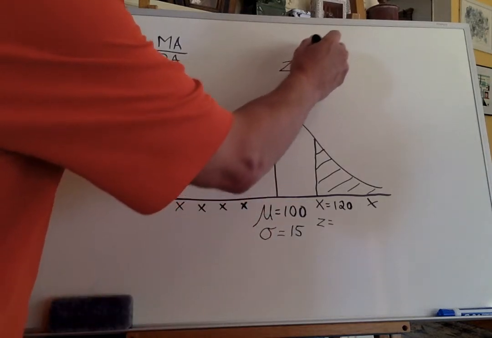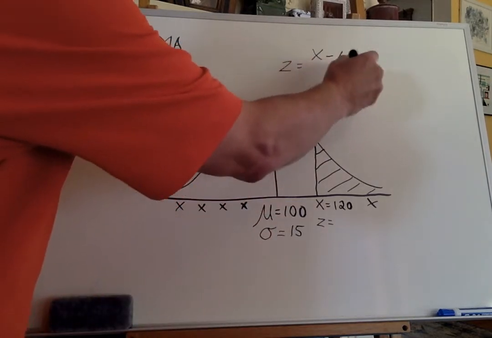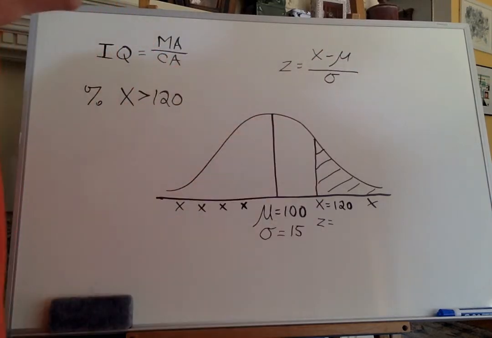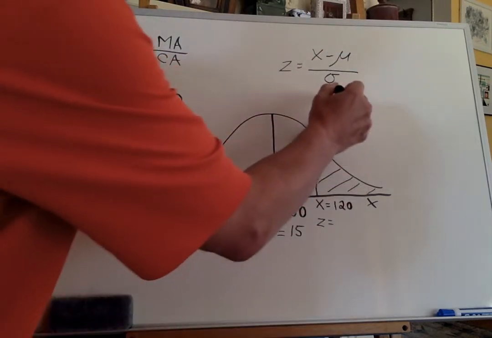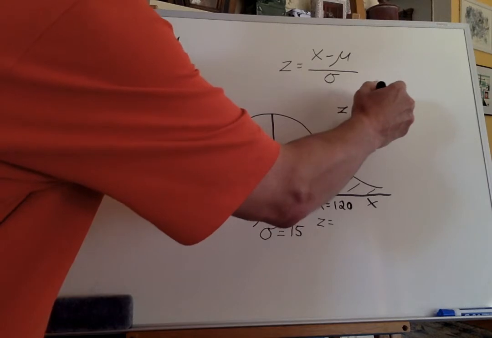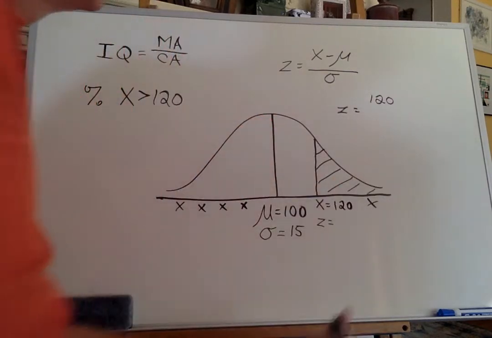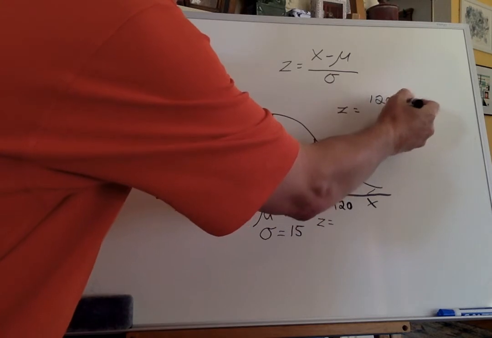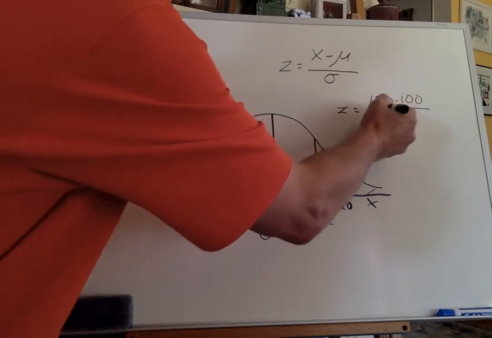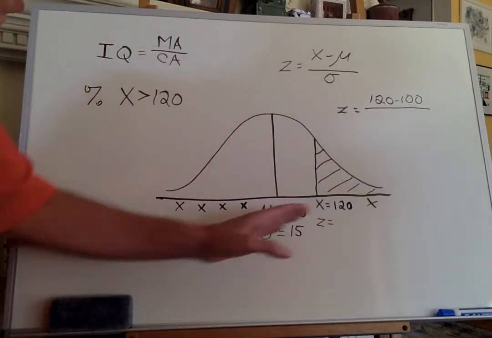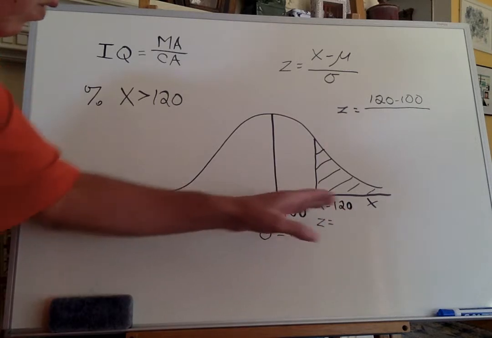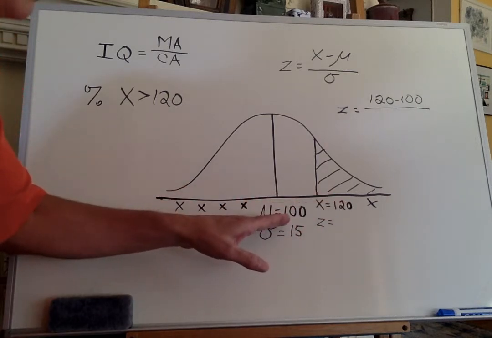Here's my z-score formula, right? And so I have my x value is 120, right? My mean is 100. So I'm comparing how far away is 120 from 100.